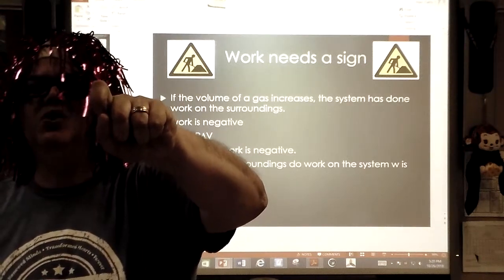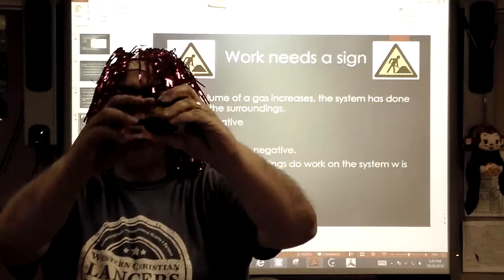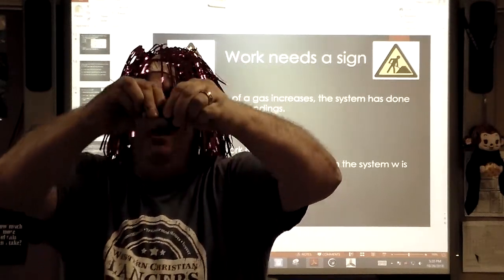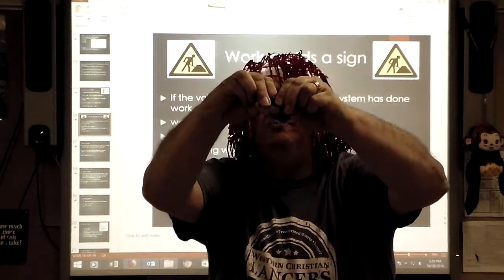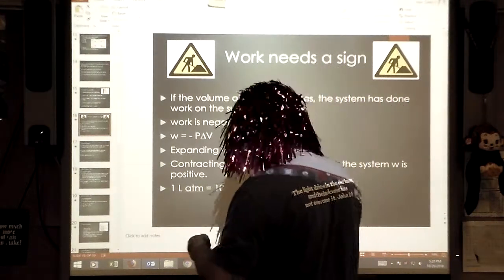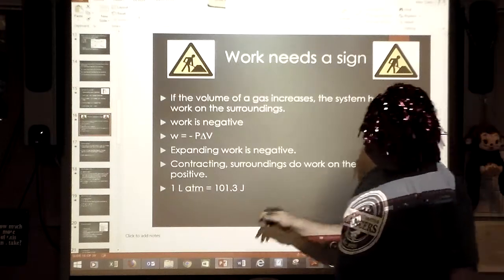I'm doing work on Mr. Ducky. So that is positive. Mr. Ducky is my system. If I'm working on Mr. Ducky, I'm putting pressure, changing the volume. Mr. Ducky's being hurt. Don't you hear him crying out? Yeah, I didn't think so. All right. So that's where the work on the system is positive.